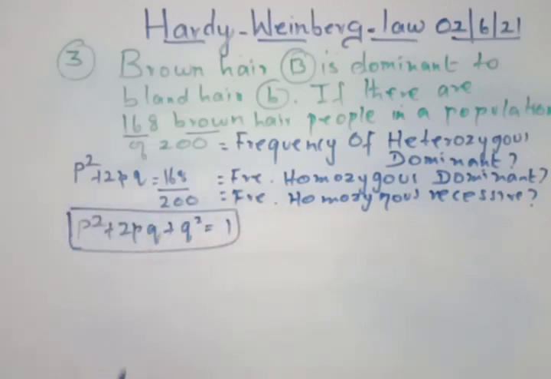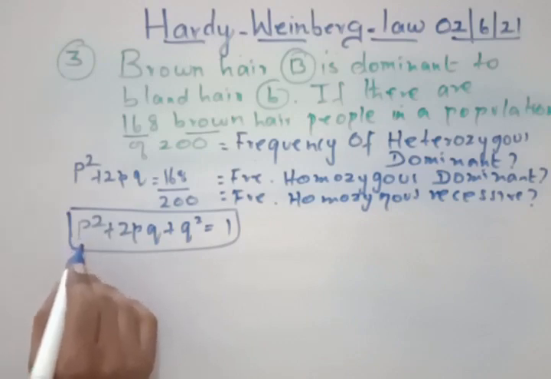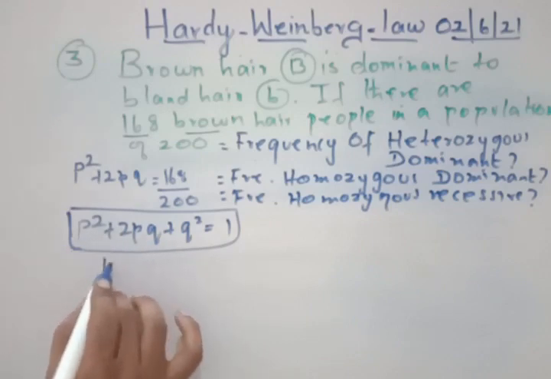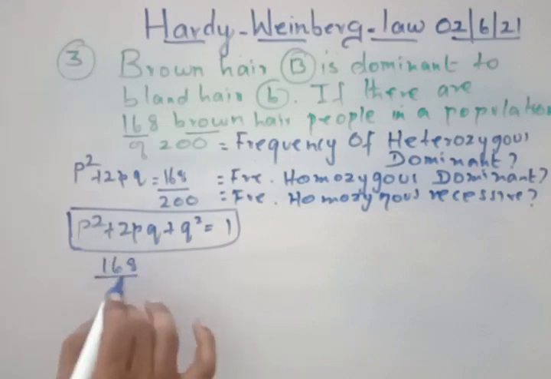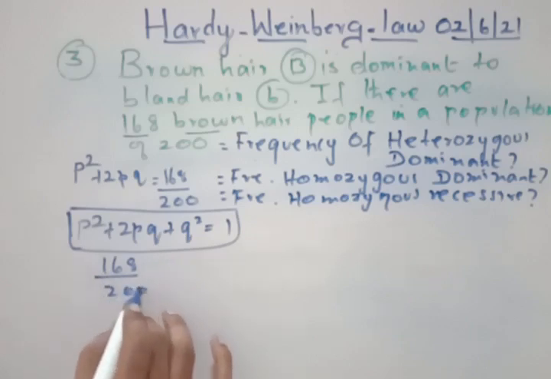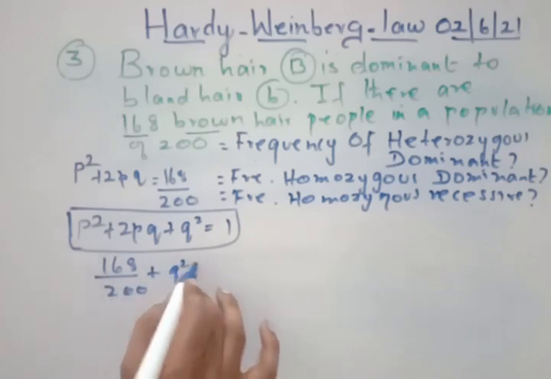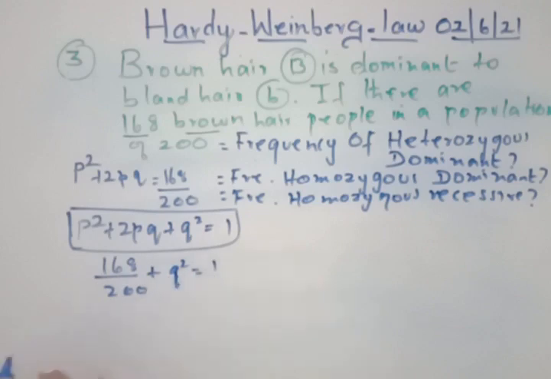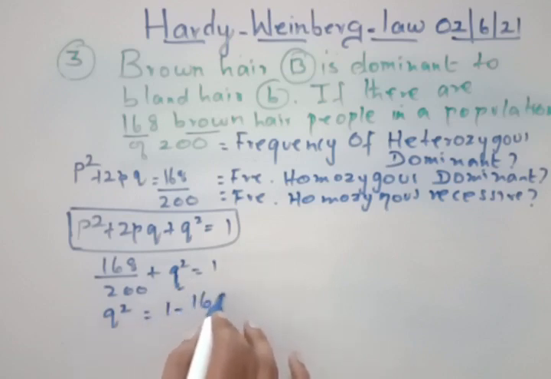Now here, P square and 2PQ together we have 168 divided by 200, plus this Q square is equal to 1. Now we have to find out the value of Q square. Q square is equal to 1 minus 168 divided by 200.